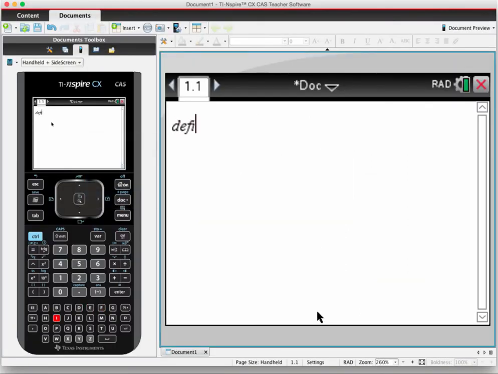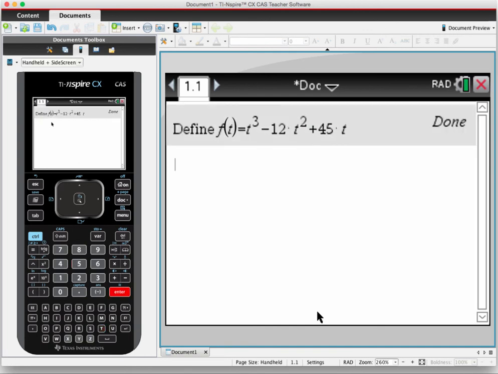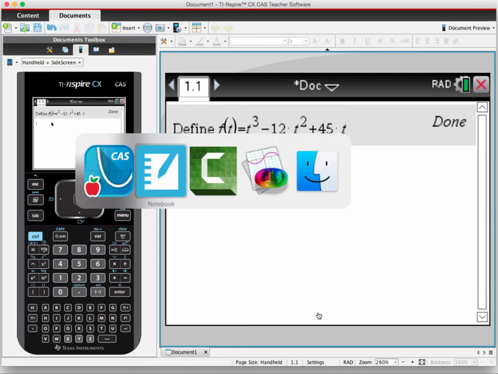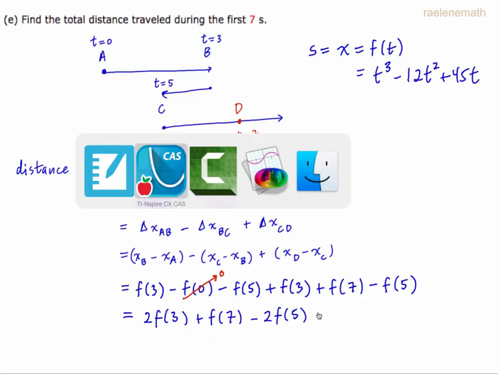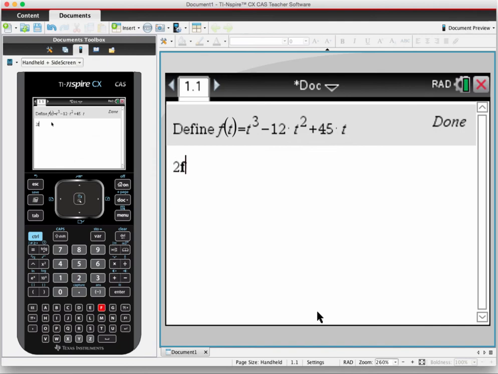If we define our function f of t to be t cubed minus 12t squared plus 45t, then we can evaluate our different function values. 3, 7, and 5. So we have 2 f of 3 minus 2 f of 5 plus f of 7.